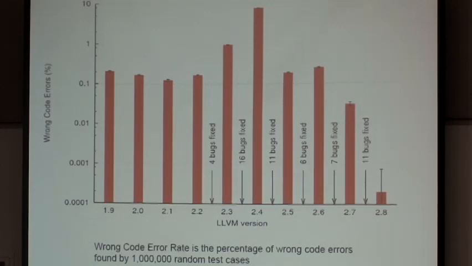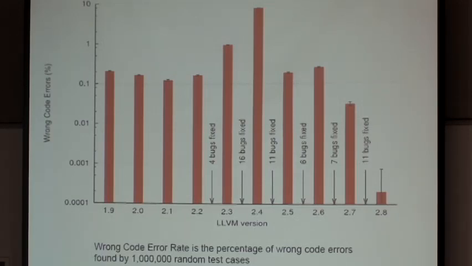Now, we have also marked the number of wrong code bugs we have reported and got fixed for each release version. So once again, we have seen 2.8 being the most resilient for our random testing.